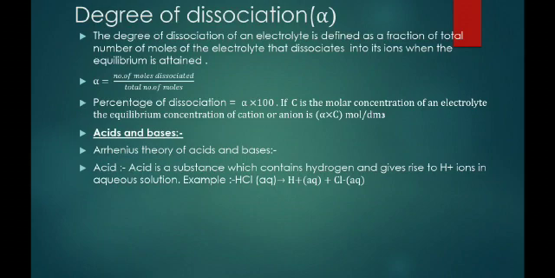It means any substance which contains hydrogen and gives rise to this hydrogen ion in its aqueous solution. Pay attention to this: Arrhenius theory is totally based on aqueous solution, not on non-aqueous solution. Arrhenius is unable to explain when HCl dissolves in alcohol. Arrhenius only explains HCl as an acid when dissolved in water, mixed with water.